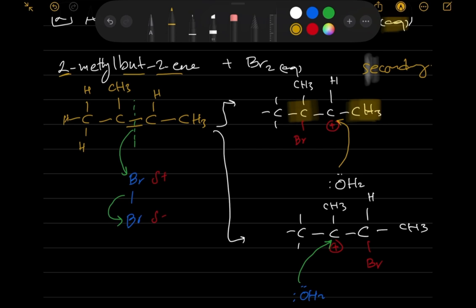But if we look at the other carbocation in here, we can see that it's bonded to this alkyl group, we have another alkyl group and we have another. So it means that the carbocation down below here is tertiary. And since it's tertiary, then it's stable. And since it's more stable, it has to be the major compound.